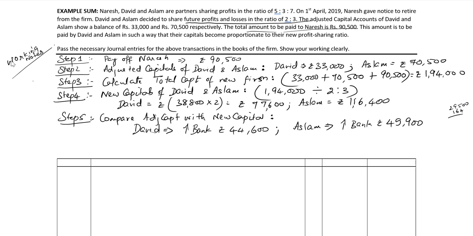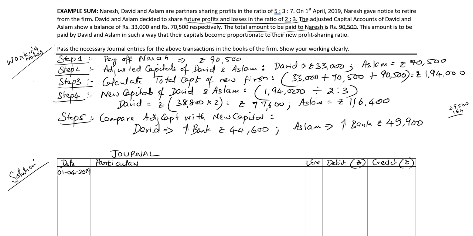So let's pass the journal entries. Solution. Journal. Date. Particulars. LF number. Debit rupees and credit rupees. The date of retirement of Naresh is 1st April 2019.